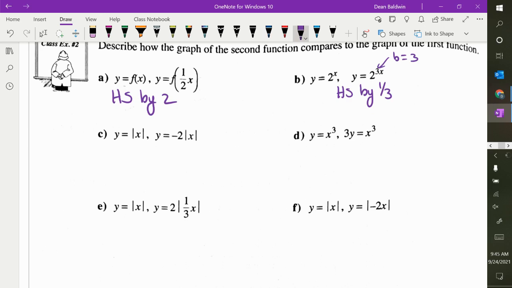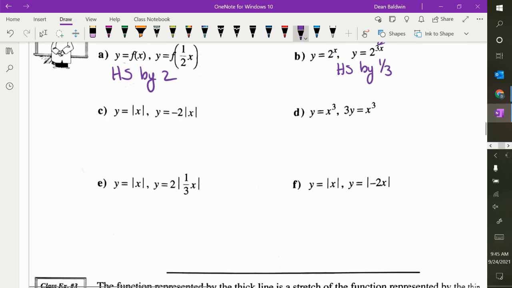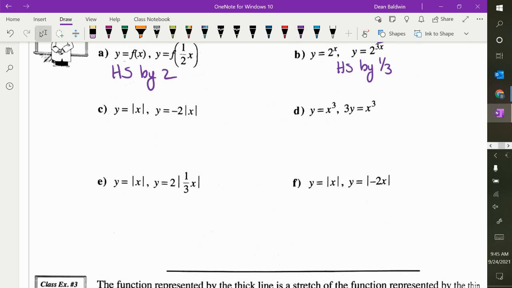C. What have I done? So vertical stretch by 2 and a flip over x-axis. So you have to say them independently because the vertical stretch is the 2. The negative tells you it's the reflection or the flip. Okay?